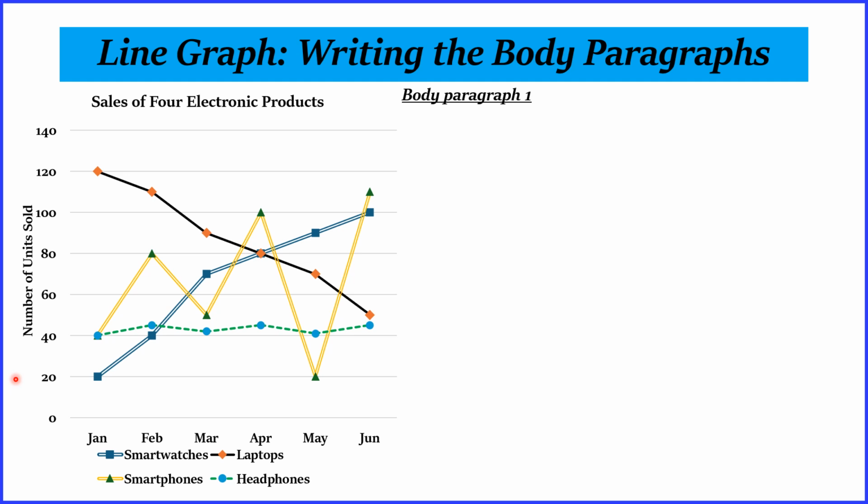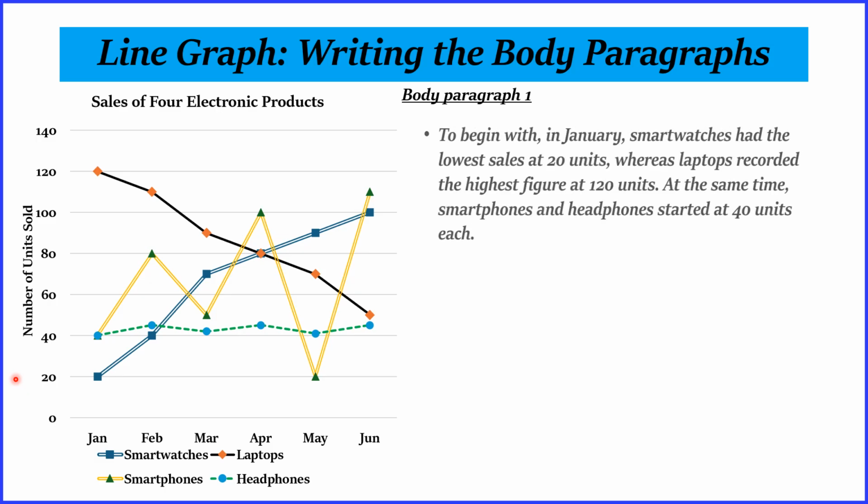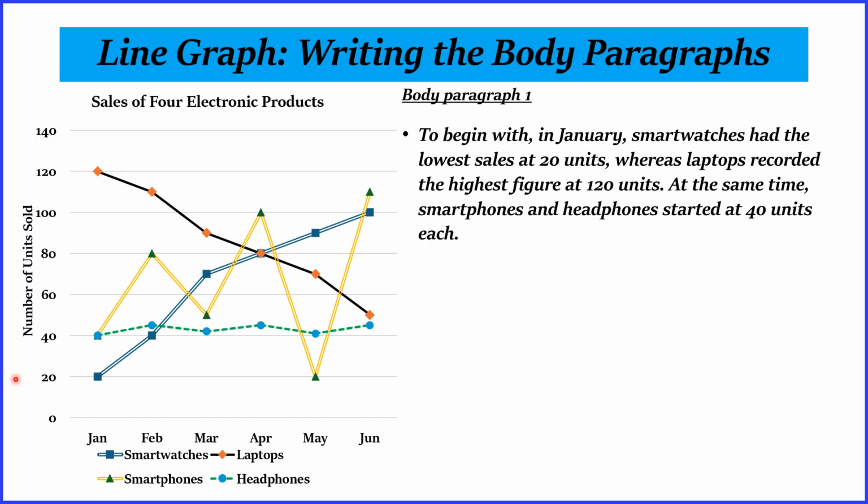When writing the first body paragraph, we should begin by introducing the starting points. This helps set the context before describing trends. We can start by stating the initial sales figures for the products. For example, to begin with, in January, smartwatches had the lowest sales at 20 units, whereas laptops recorded the highest figure at 120 units.